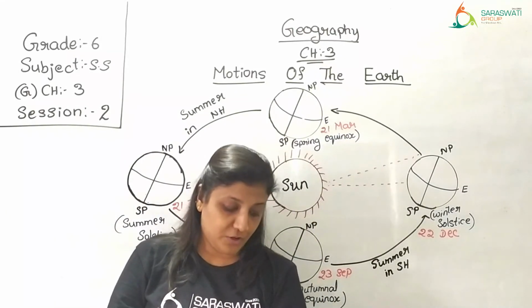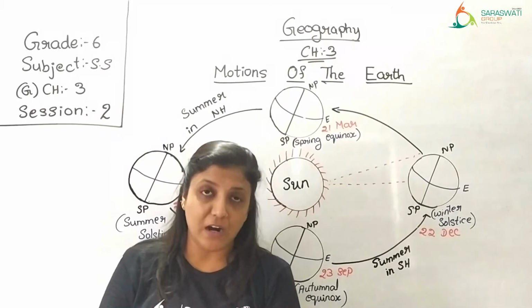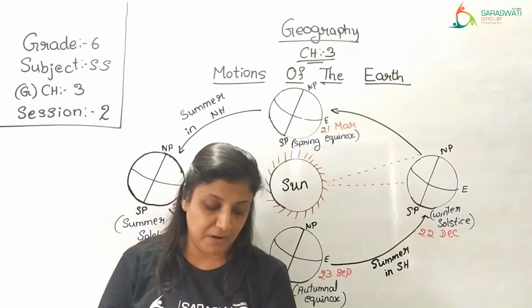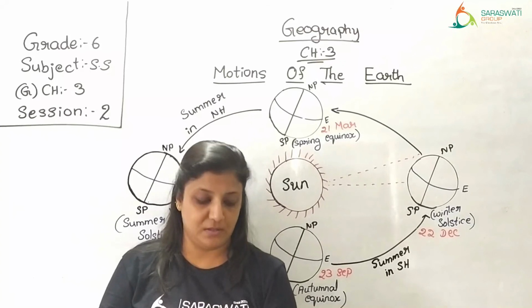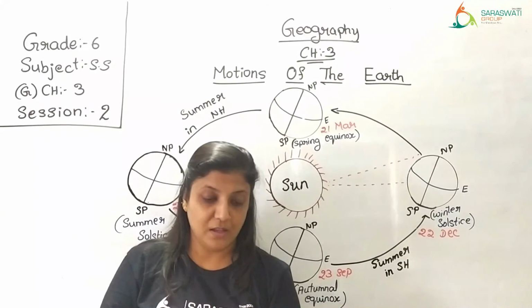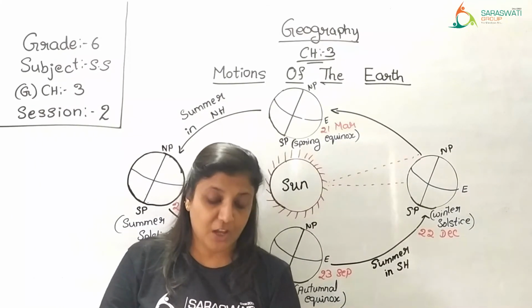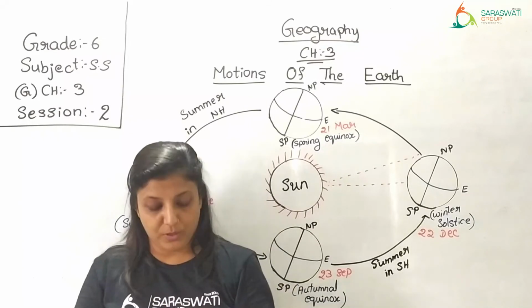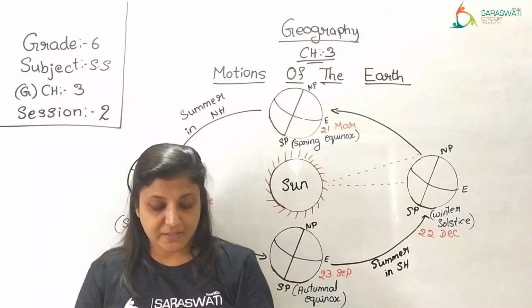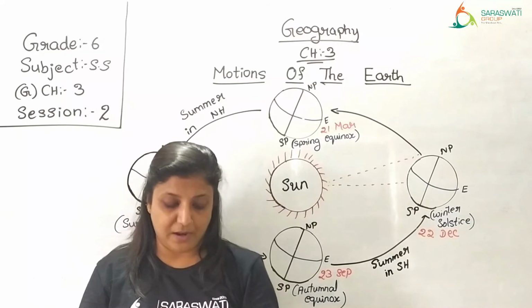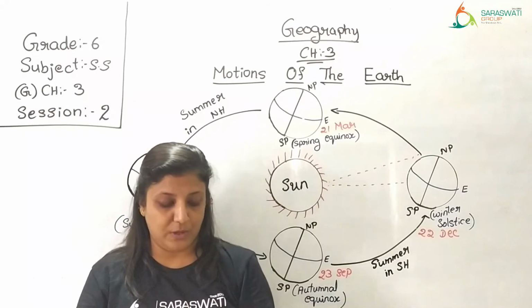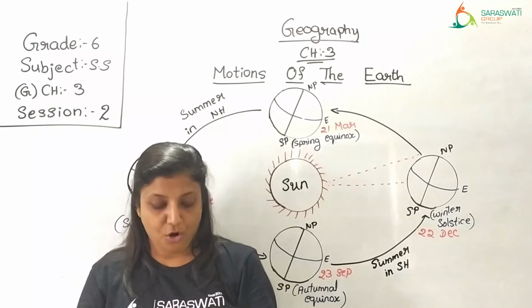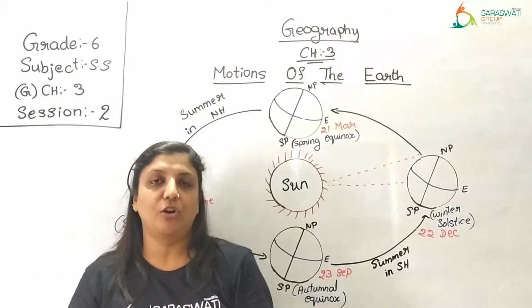Right? The 2 days, 21st March and 23rd September, are called equinoxes. Equinoxes means equal nights. As the sun is overhead at the equator, days and nights are equal in length throughout the world on these 2 dates. Why equinoxes?